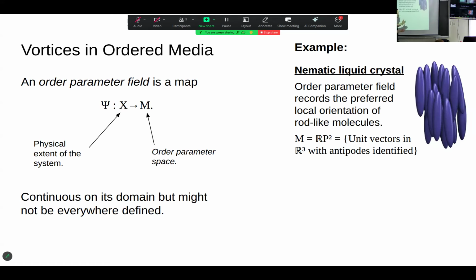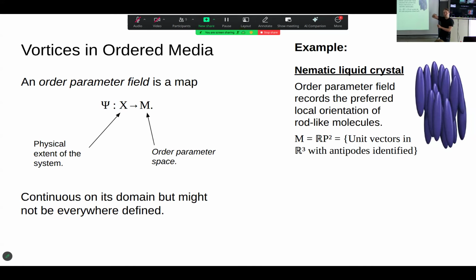In this case, the order parameter space is very easy to describe. Of course, the different directions in three-dimensional space are classified by unit vectors in R^3. However, these are symmetric. They don't have a head.